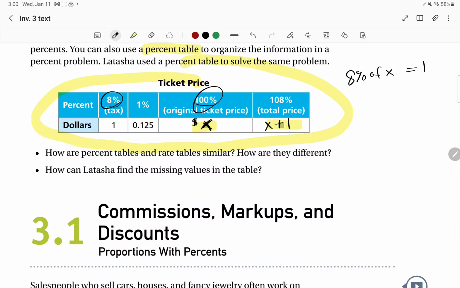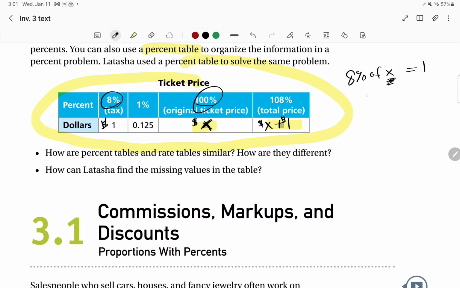So however much this is plus the 8%, that would be X dollars plus $1. So we know this is true. We want to figure out the original price before that tax was added on, right?